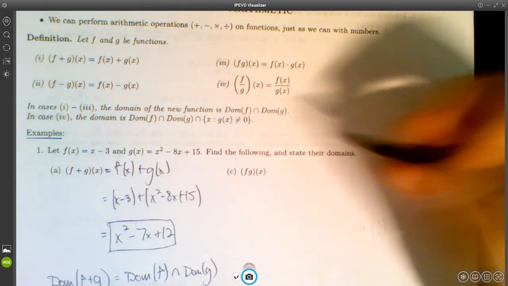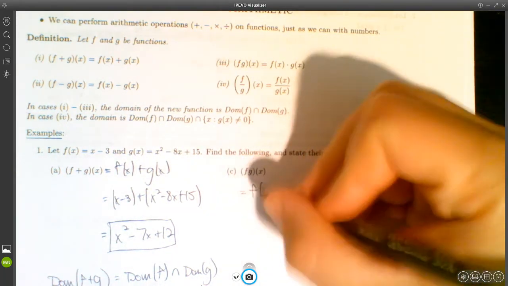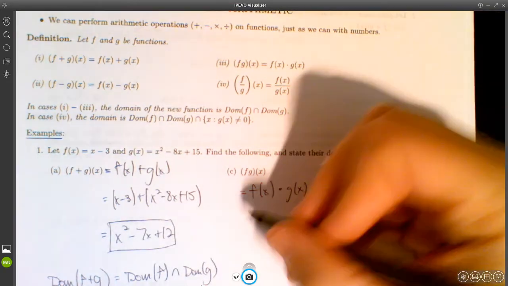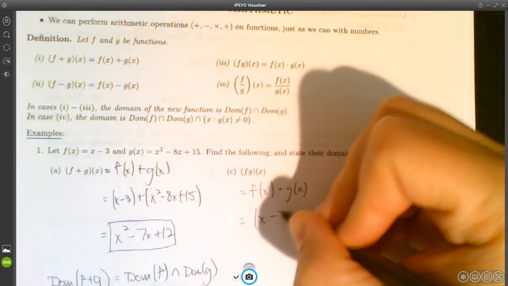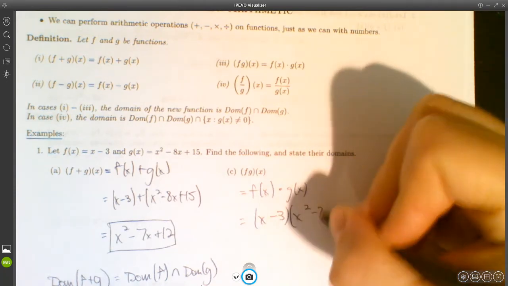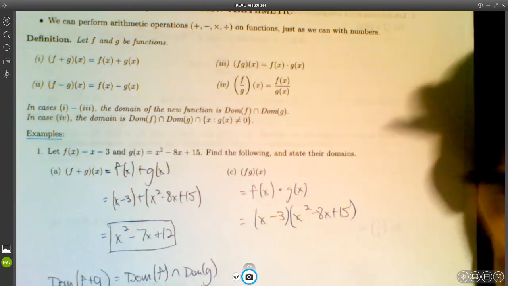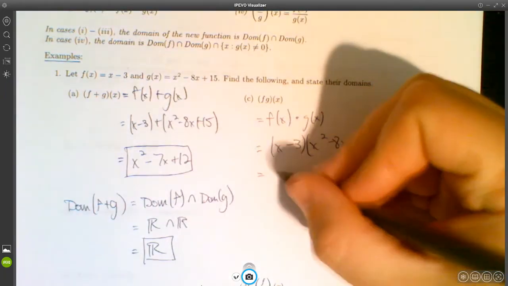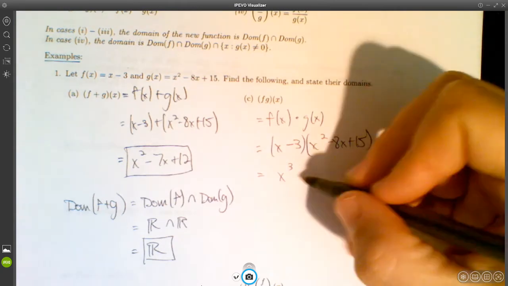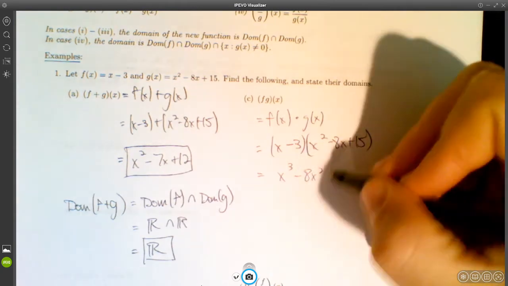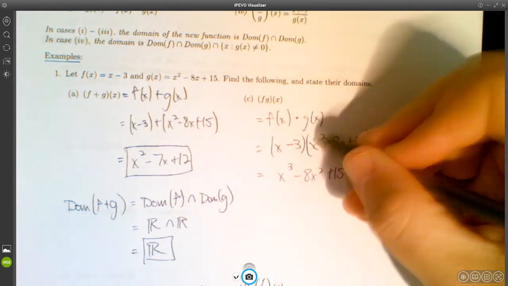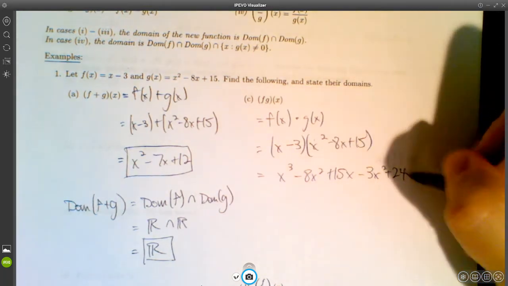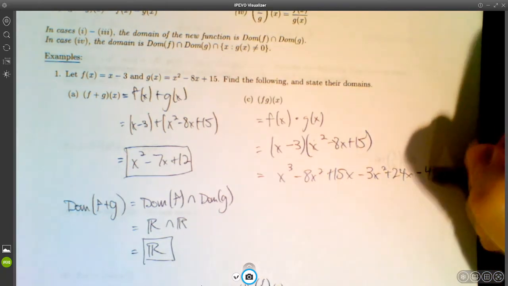f times g of x. Well, this is just going to be f of x times g of x by definition. So that's x minus 3 times x squared minus 8x plus 15. And we do all the distribution and stuff. We're going to get x cubed minus 8x squared plus 15x minus 3x squared plus 24x minus 45.